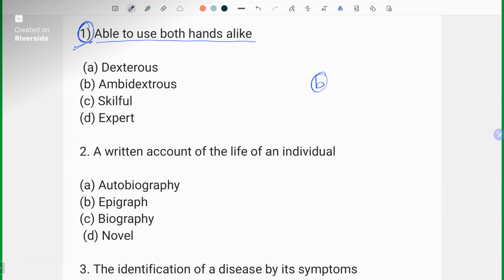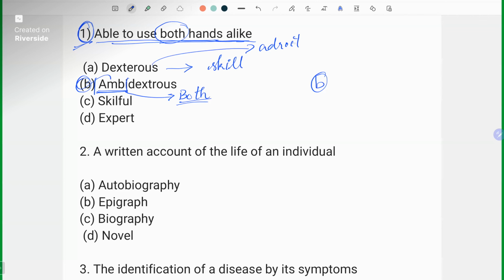Go through the options. The clue here is both: able to use both hands. Just now we read ambi. Ambi means both. Ambidextrous: dexterous means skillful, adroit.